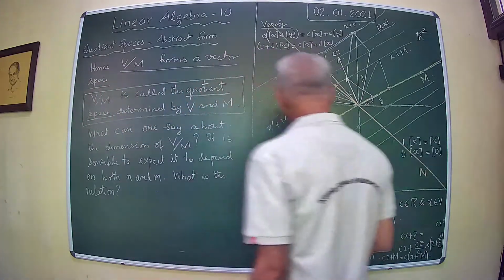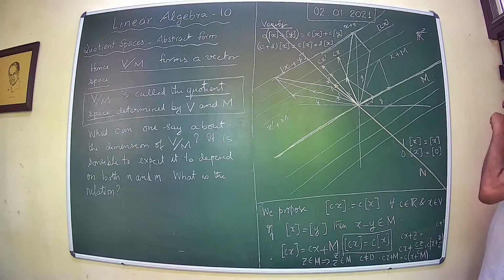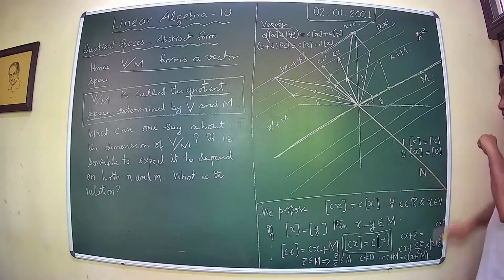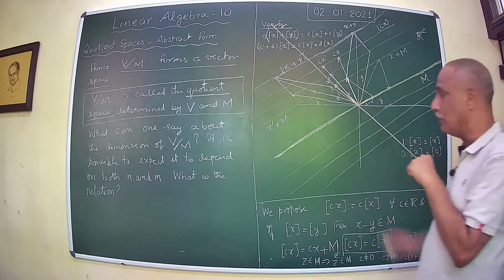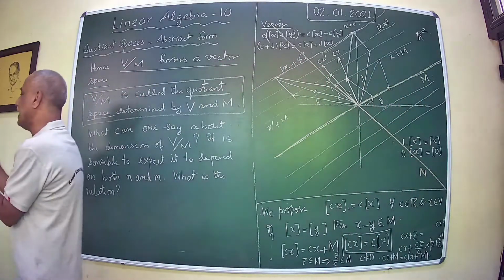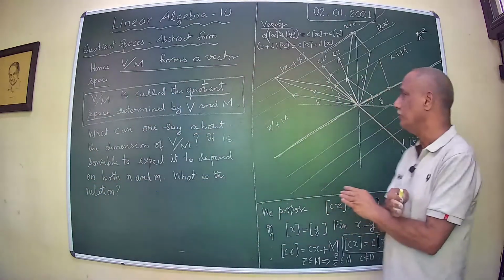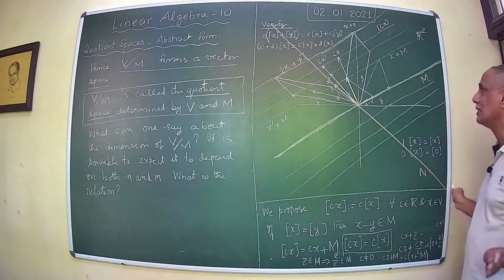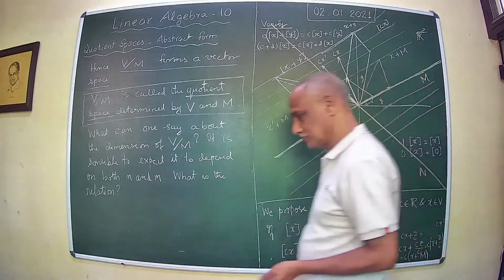Once you have that, you see that every element of N generates a unique quotient. So there is the identification of elements in N with elements in V by M.